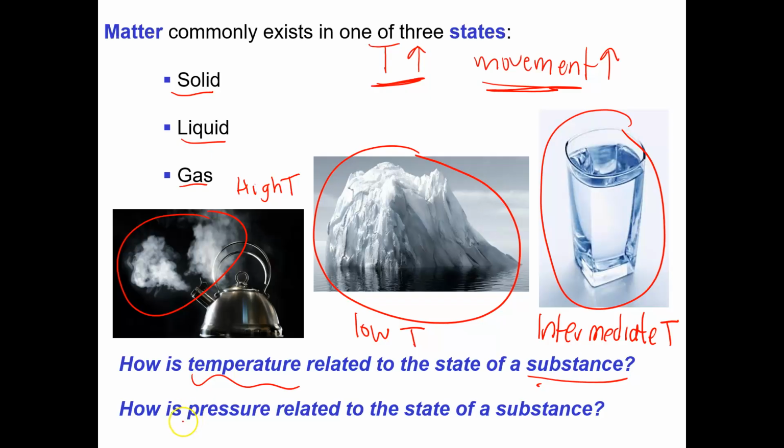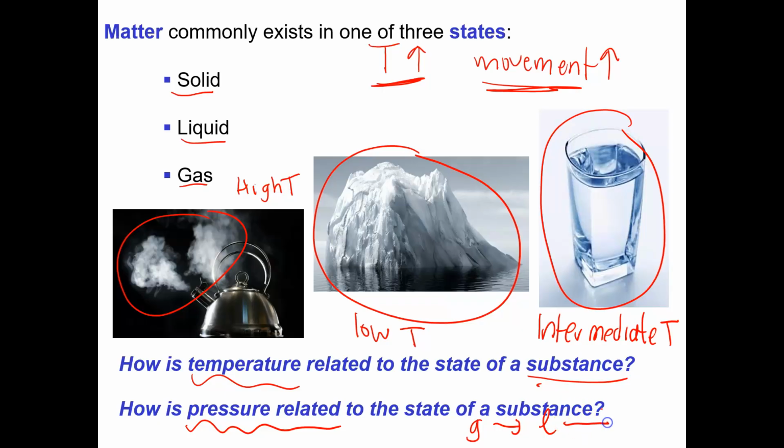Another interesting thing to consider is, how is pressure related to the state of a substance? If I took a gas and applied a pressure to it and pushed all the particles closer together, what we find is that my gas will get transformed into a liquid. So that's telling me that the particles that make up a liquid are closer together than the particles that make up a gas.